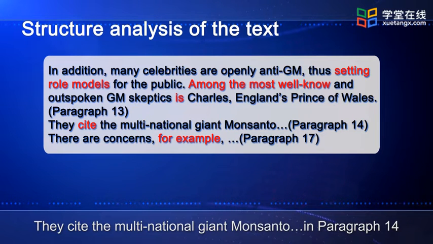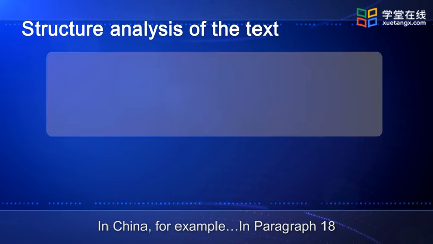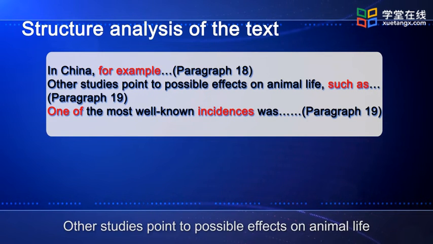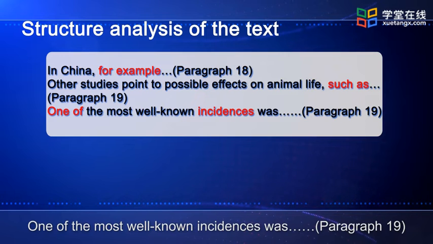They cite multinational giant Monsanto in paragraph 14. There are concerns, for example, in paragraph 17. In China, for example, in paragraph 18. Other studies point to possible effects on animal life, such as in paragraph 19. And the most well-known incident was in paragraph 19.